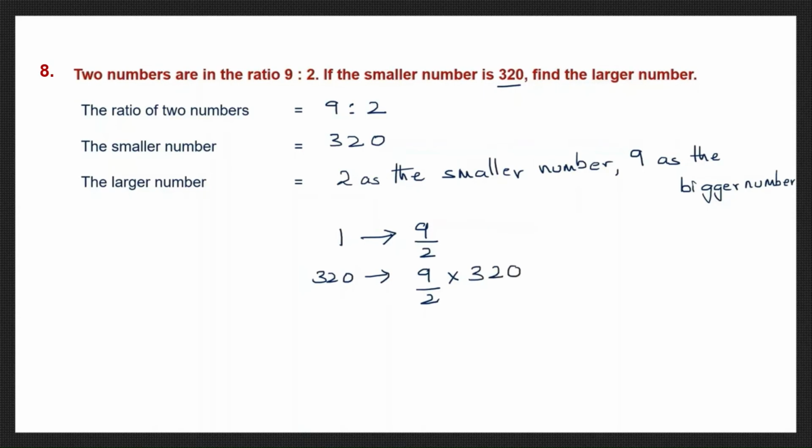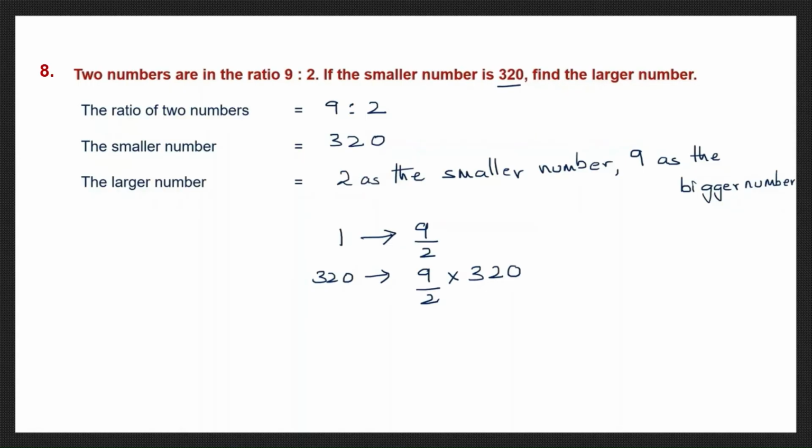So let me explain this once more. The larger number, the third step. If we take 2 as the smaller number, then we can take 9 as the bigger number. Now, if 1 is the smaller number, then the bigger number is 9/2. If 320 is the smaller number, then the bigger number will be 9/2 into 320.